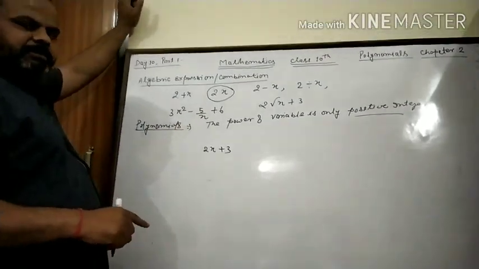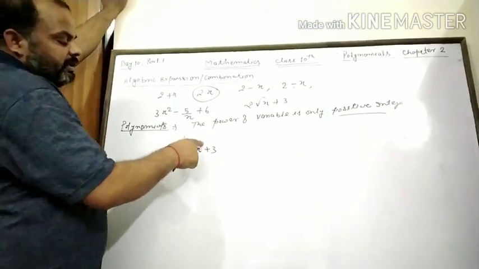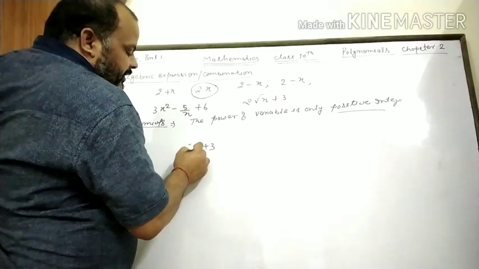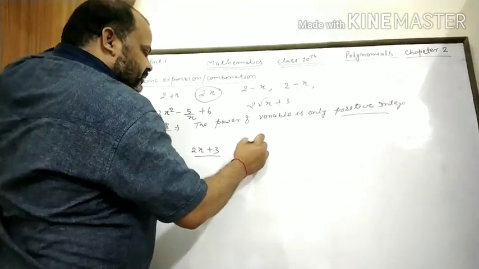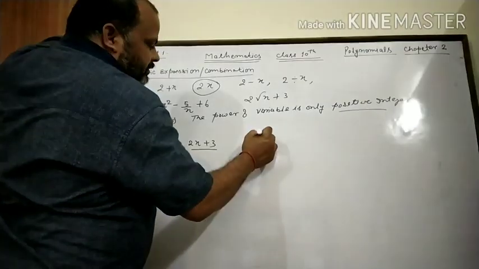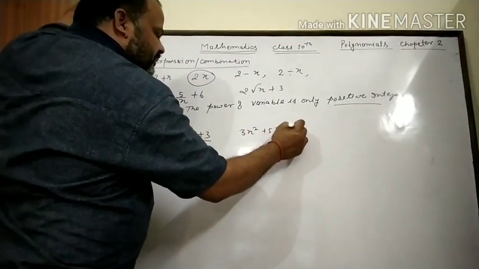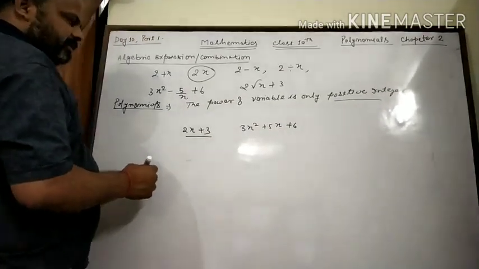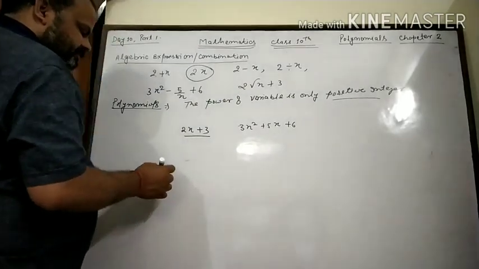Here no power is given for the variable, then there is power 1. Then it is a positive integer, that's why it is a polynomial. In the same way, 3x square plus 5x plus 6 is a polynomial because each x has a positive power.